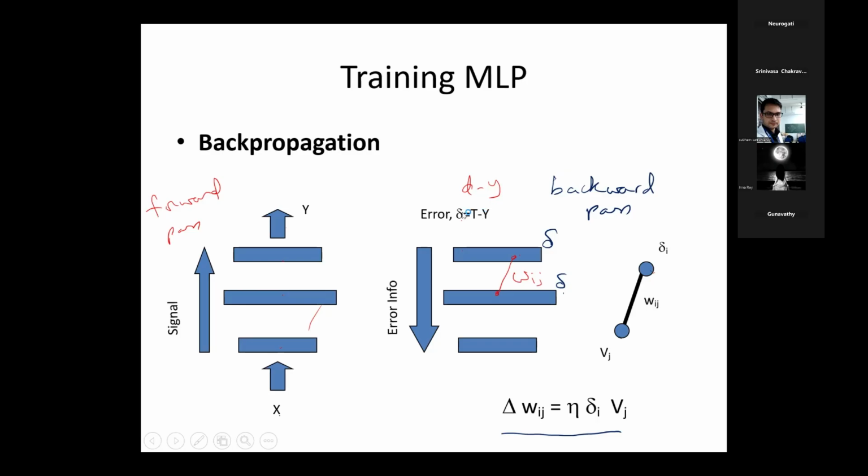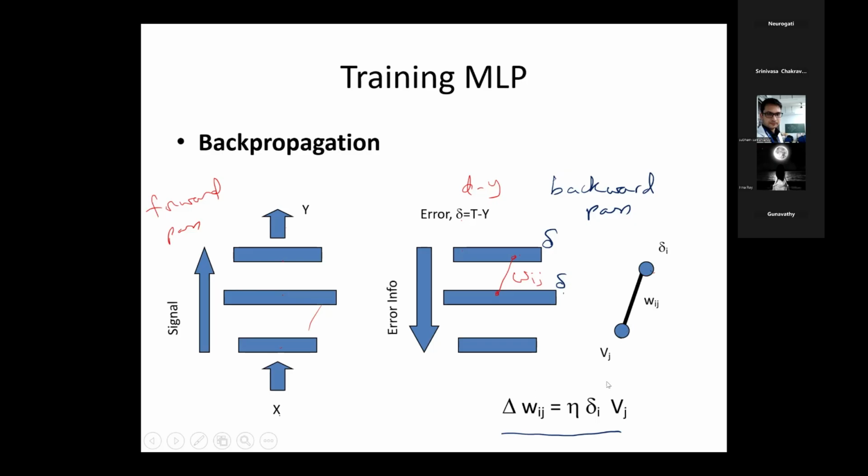Then you backpropagate this delta through all the hidden layers, all the way to the first hidden layer. If you have only one hidden layer, you backpropagate it there. And for all those hidden layers, you calculate these new delta variables. Once you have all the deltas for every connection, you have a delta at the top and a Vj, or a state variable, at the bottom.